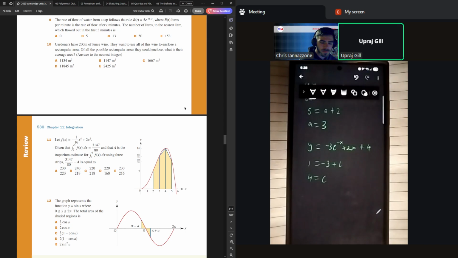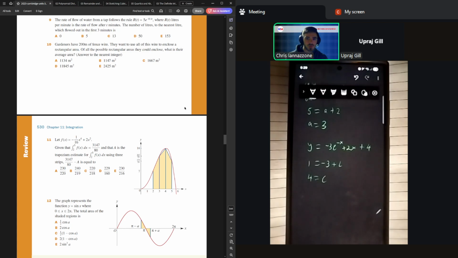Some questions ask for total area, some questions ask for signed area. Just to confirm, with signed area, does anything underneath the x-axis become negative? Correct. Doing a definite integral or signed area is the only time you ever consider positive or negative area.